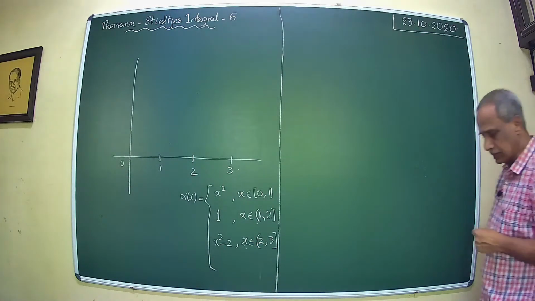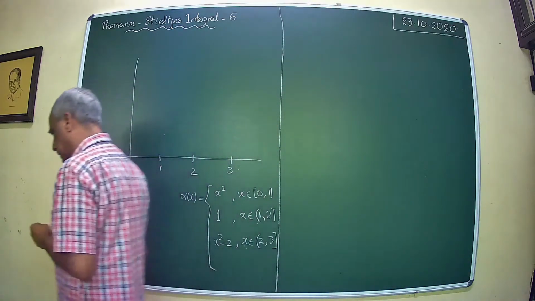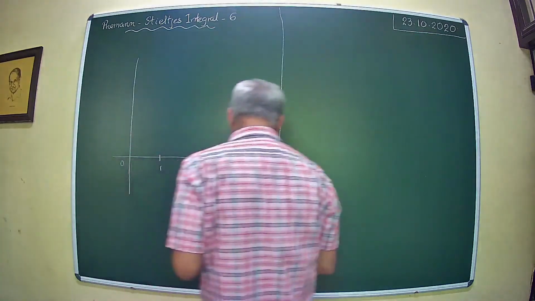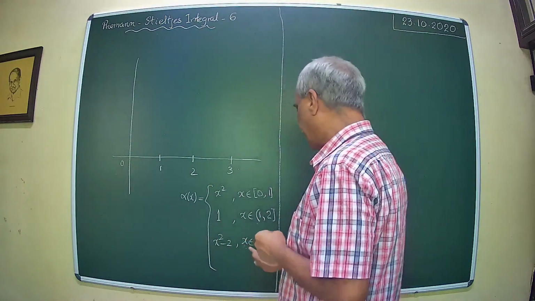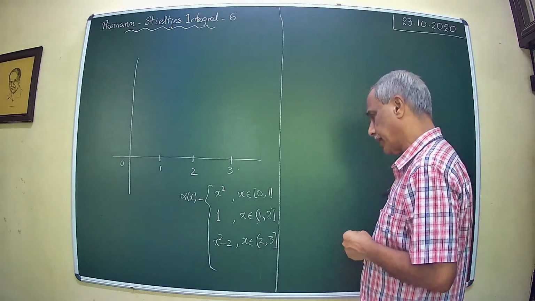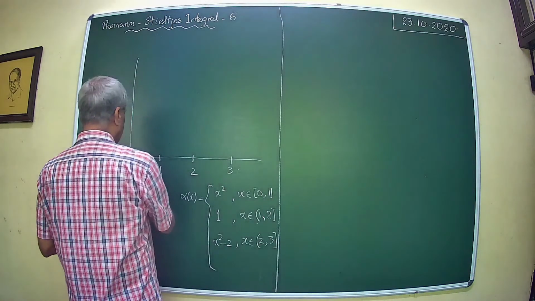Now this is continuous on certain parts but has a jump discontinuity at x equal to 2 of magnitude 1 unit, as you can see. So the graph of the function is something like this.